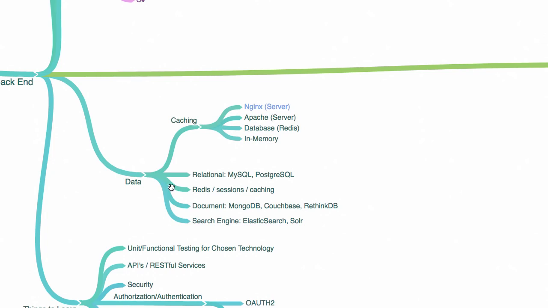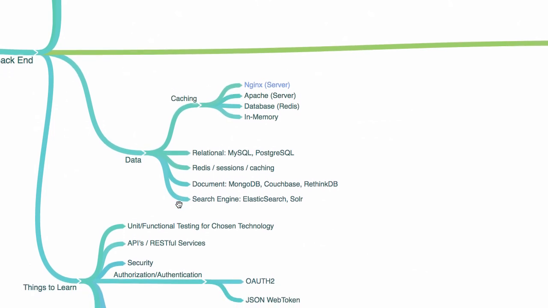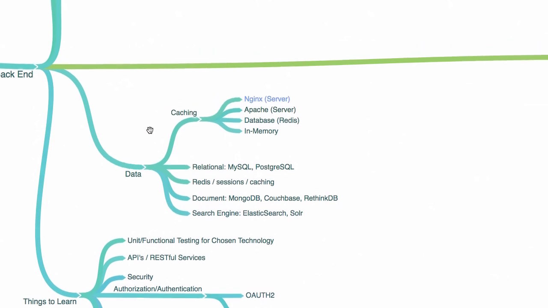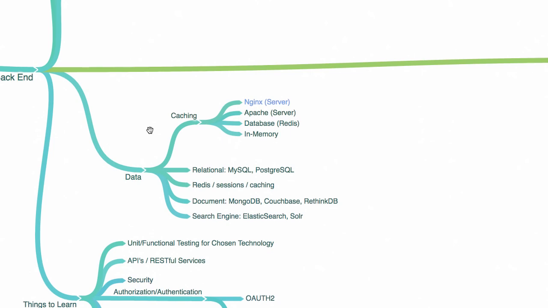Learn how to cache your queries to a database in Redis. And then, have fun. Learn a document or a NoSQL database. MongoDB is still the most popular one, even though a lot of people gripe about it. Couchbase and RethinkDB are 2 super cool ones. And then learn a search engine database. Elasticsearch or Solr, super cool. Learn how to use a database tuned for search engines.